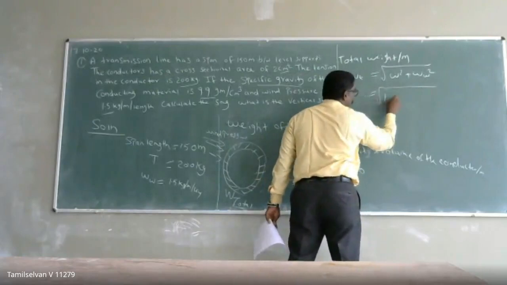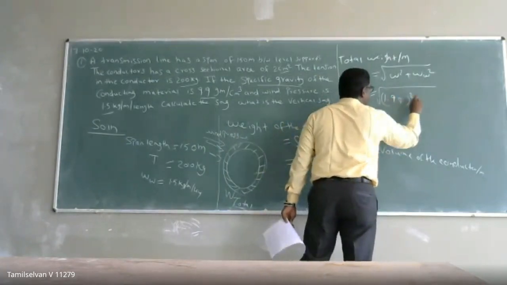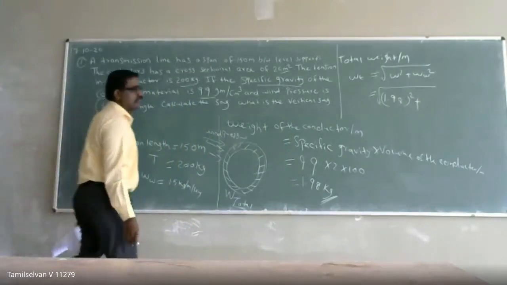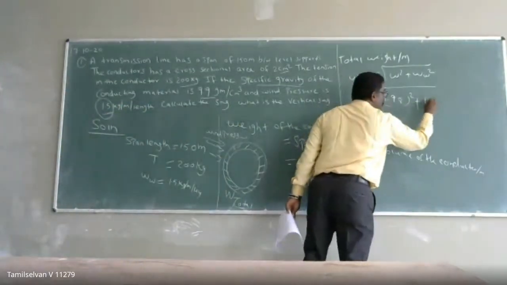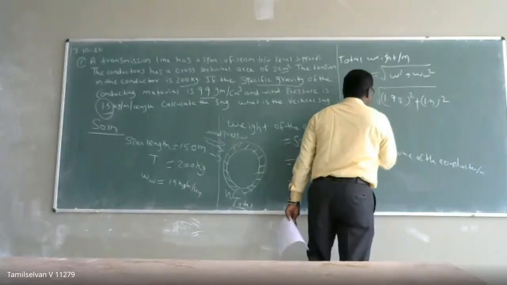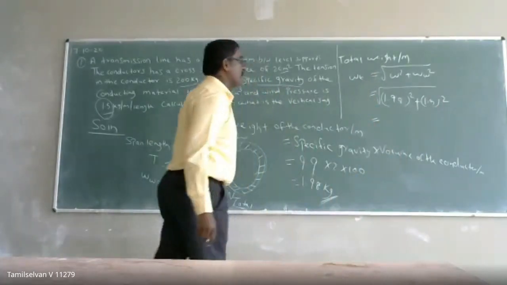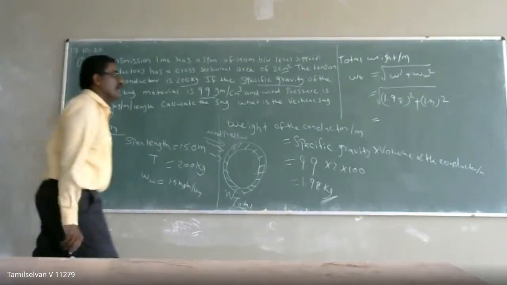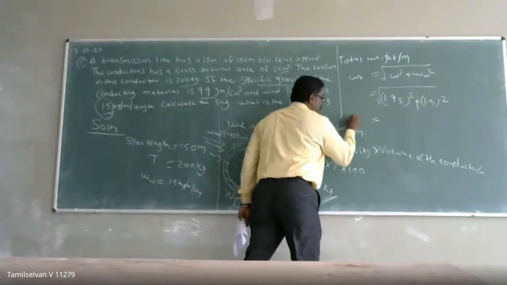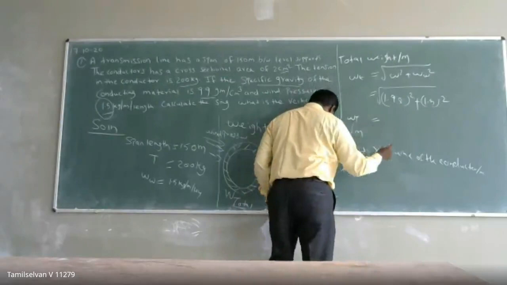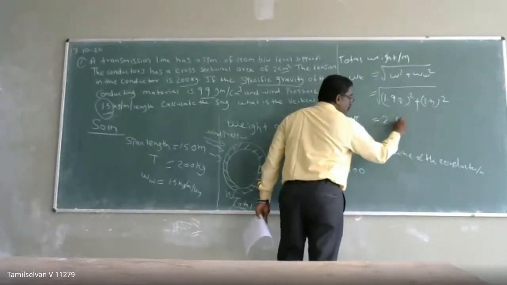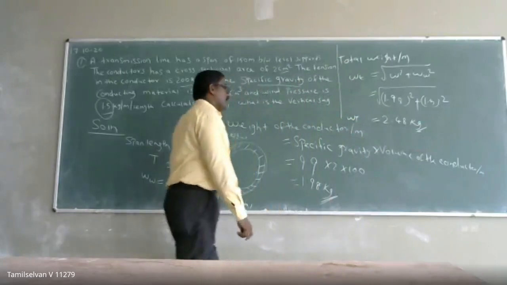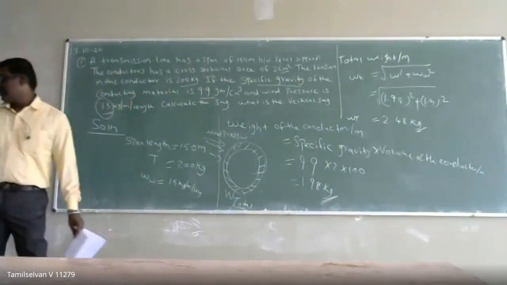Square root of 1.98 squared plus 1.5 squared. So you get the value in kg.